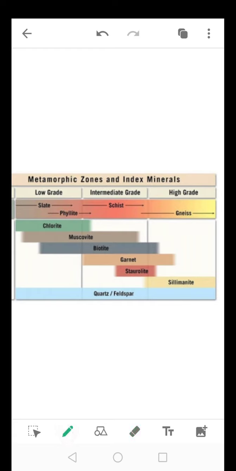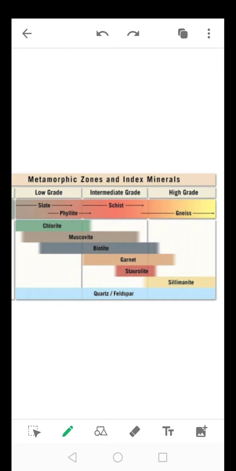In this case, we have slate, phyllite, schist, and then gneiss. And within each zone, we have different minerals that are stable within that grade.